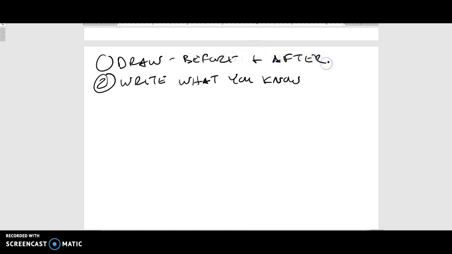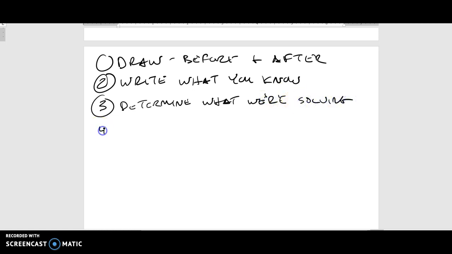It's really important to get your thoughts organized and to know what sort of math you need to do to solve the physics problem. So we're going to draw the before and after. We're going to write what you know. Third, we're going to determine what we're trying to solve. And then use the fact that rho before equals rho after to solve problems.